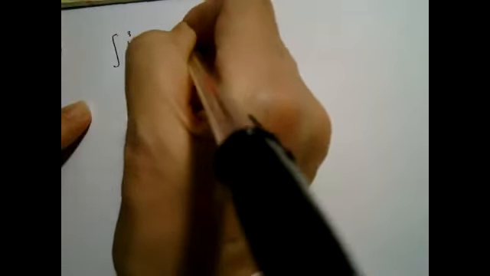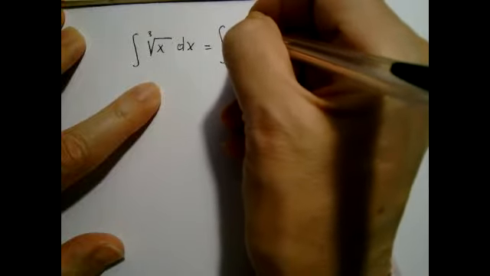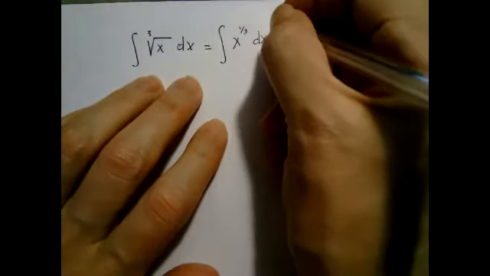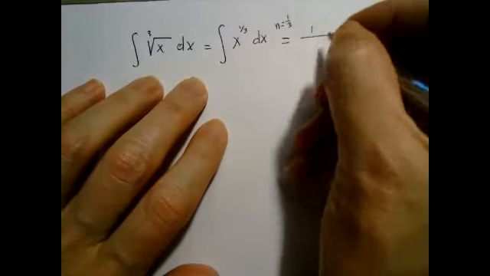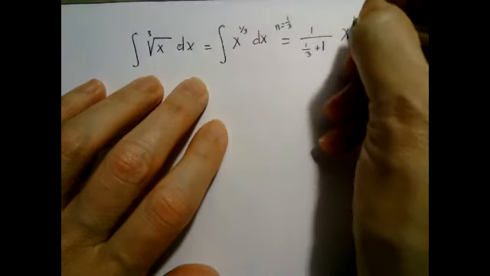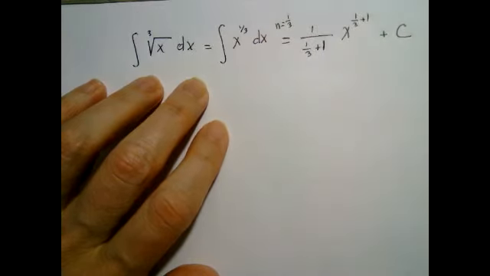So the last one: the antiderivative of the cubic root of x dx. Again, I have to rewrite, because as we said several times, calculus doesn't like the root. We rewrite everything using a fractional exponent, x to the one third. This will give me 1 over a third plus 1, x to the power a third plus 1, plus my constant of integration.